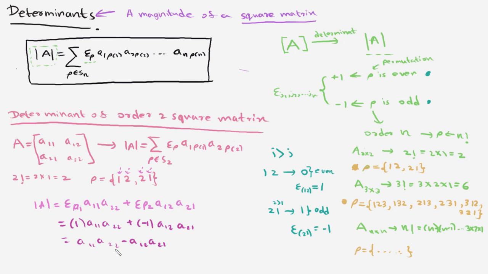So now this is the determinant, and if you assign the corresponding values for any order 2 matrix to this function, it will generate the corresponding determinant value. Okay, so that is how we find the determinant of an order 2 square matrix. In the next clip let's see the order 3 square matrix and how to find its determinant.